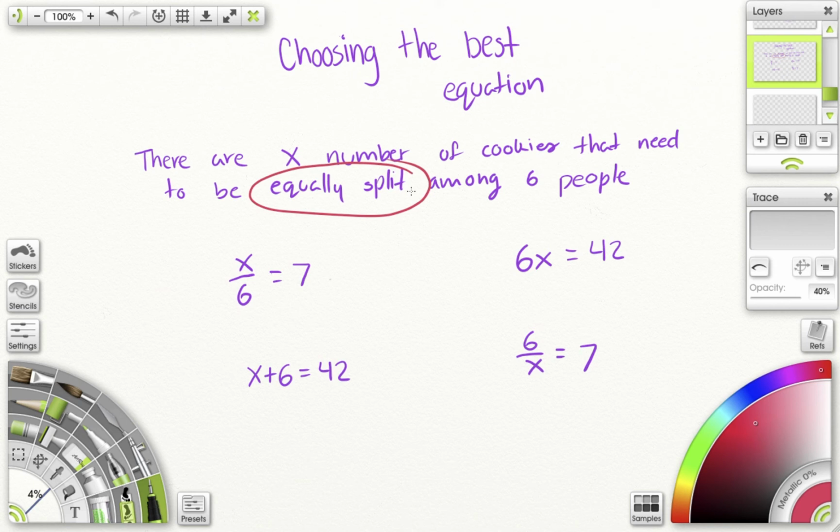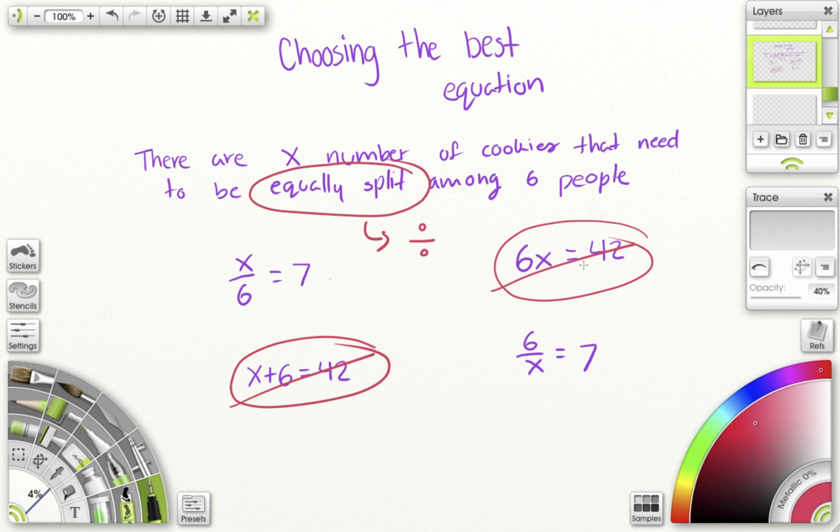So "equally split" gives us a clue that this is a division problem. So right off the bat, we know that the equation has to be a division problem. So I can just cross out the problems that are not division. So this one here cannot be it, this one here cannot be it. So now I have 2 options.